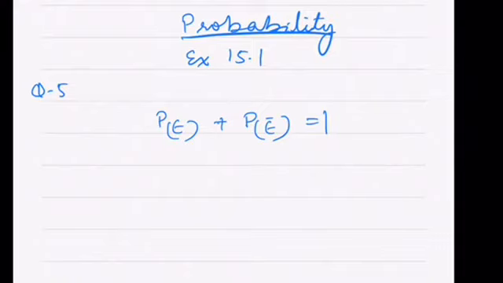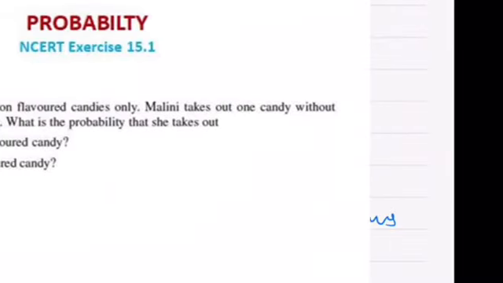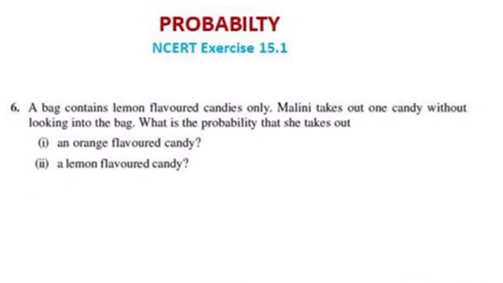So probability of an event is given as 0.05 plus probability of not E is equal to 1. So I can say probability of not E is equal to 1 minus 0.05, which is equal to 0.95.